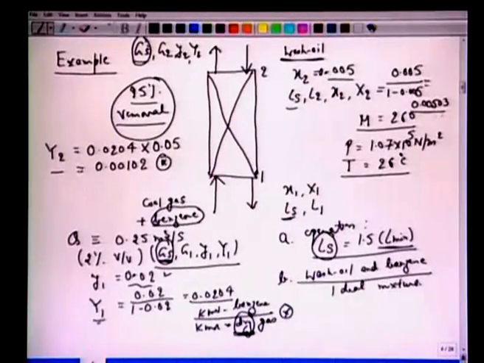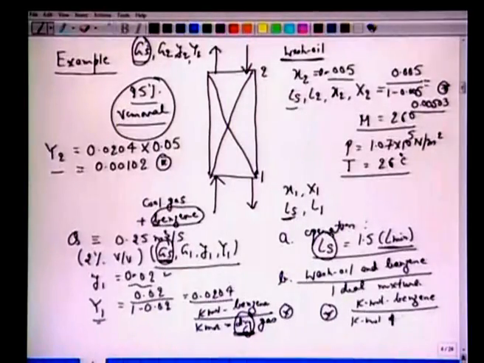And what is the unit? The unit will be very similar to what we have in the gas phase: kilomole of benzene per kilomole of wash oil. It's a benzene-free oil, it's not the total amount. That's the difference between small y1, capital Y1, x1 and x2.